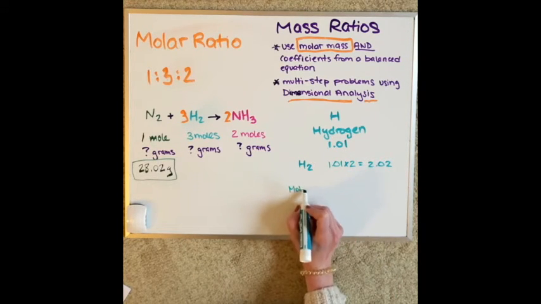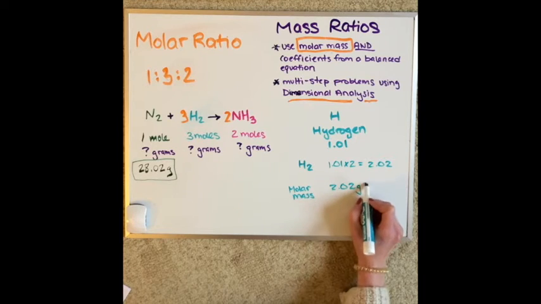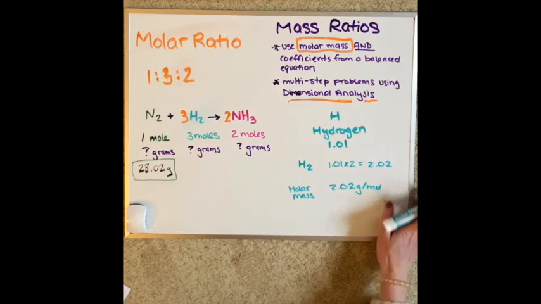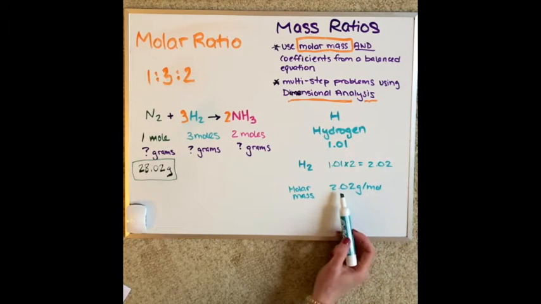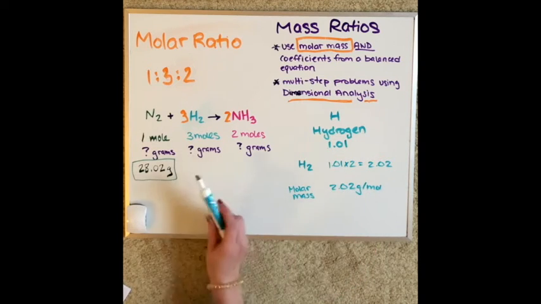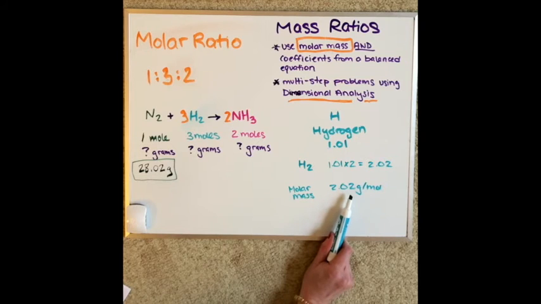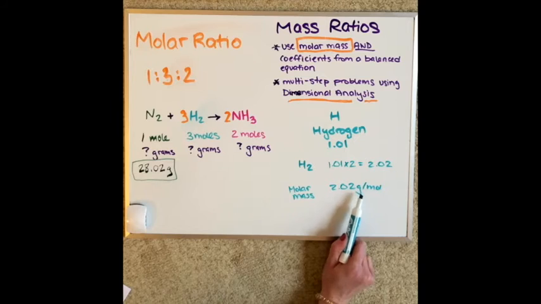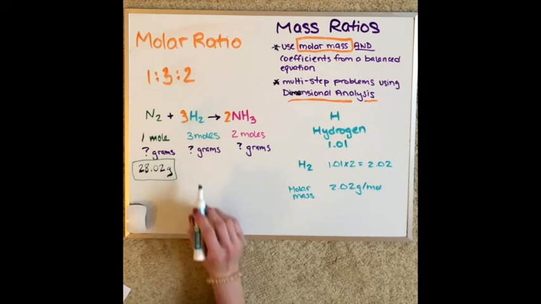So our molar mass of hydrogen is 2.02 grams per mole, which you can abbreviate mol. Okay, so again, if you recall, the molar mass for N2 was 28 grams per mole. So hydrogen is significantly lighter. That's why you're going to find that our mass is a lot smaller for this category.